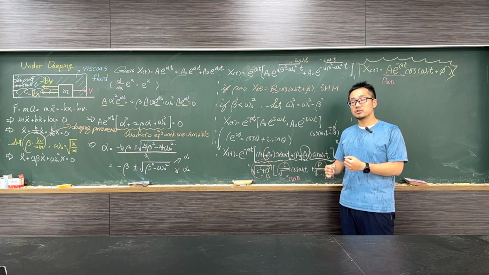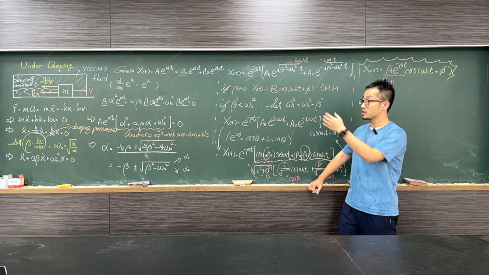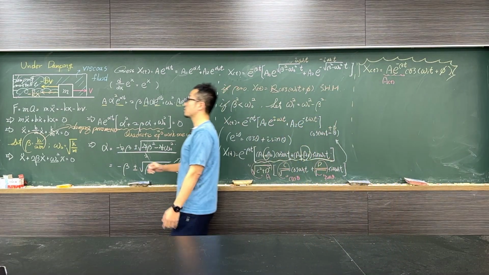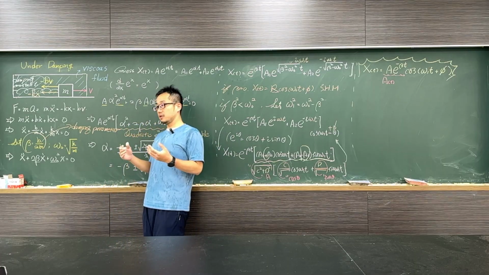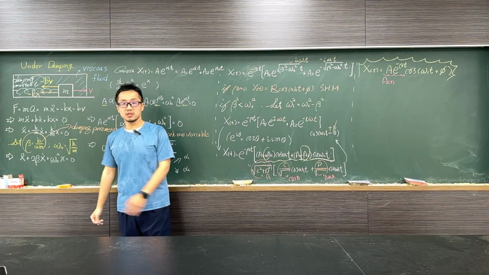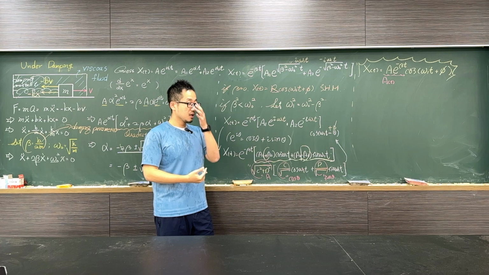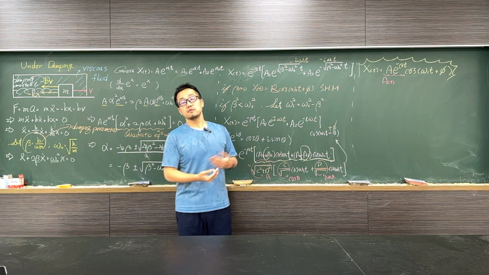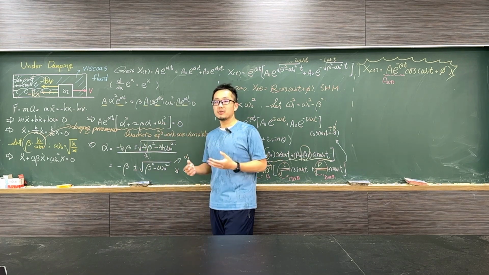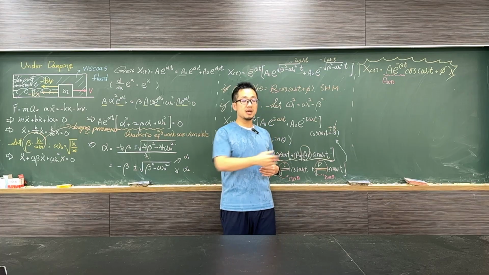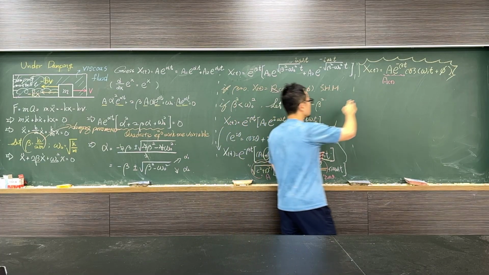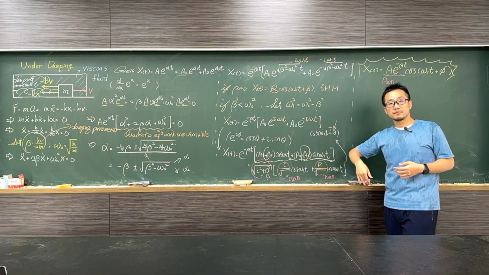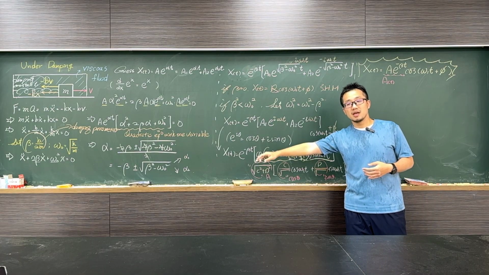The mechanical energy will always be conserved because there's no resistant force, no friction like this situation. But if you're now submerged inside a viscous fluid, you will be experiencing the resistant force. So your mechanical energy is now decreasing every time you're oscillating. So it's not hard to imagine that your amplitude will decrease as time goes by.